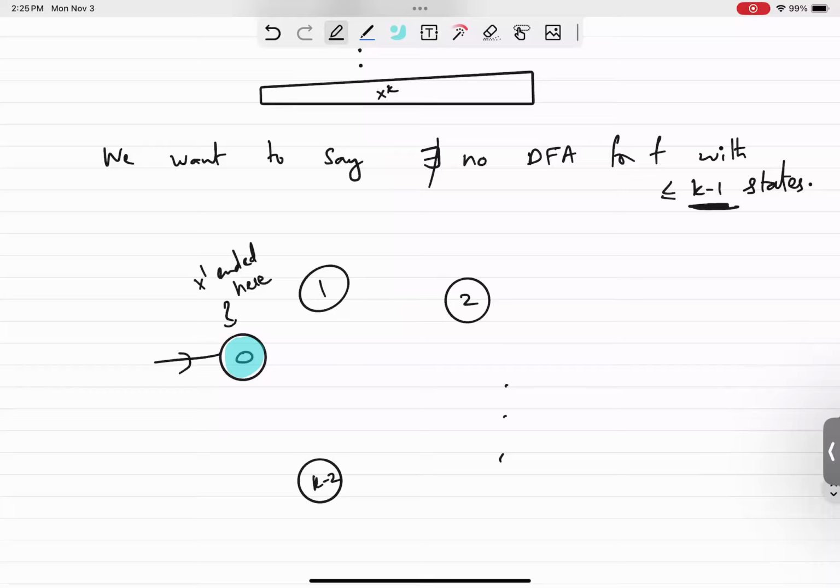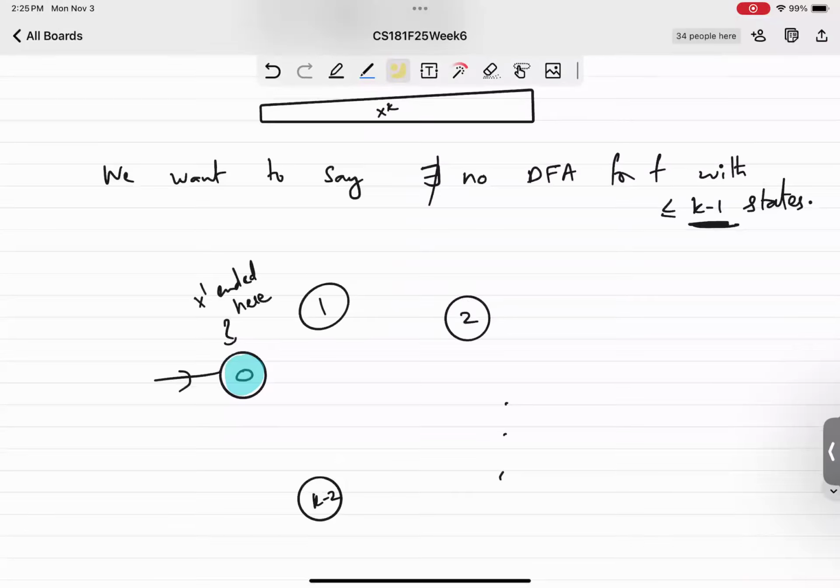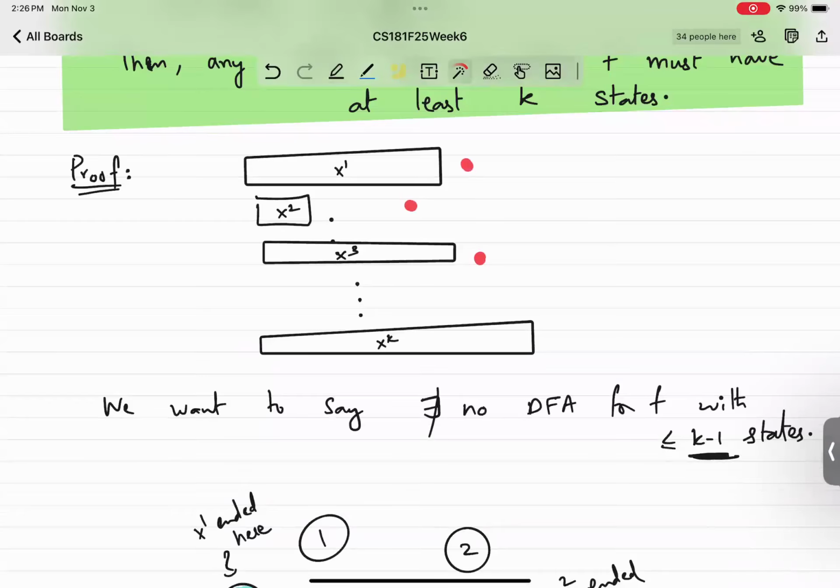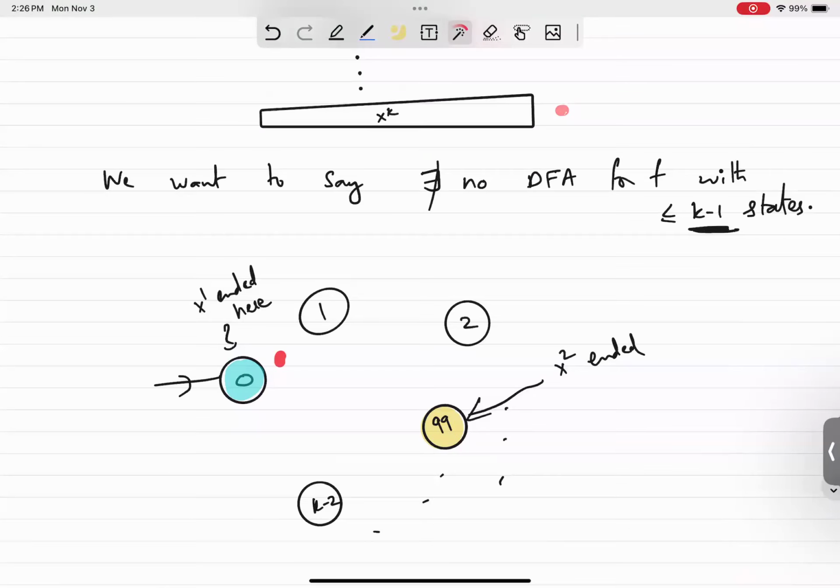I hopped around, I'm in state number 0. x2 does its own hopping around, and maybe it ended up somewhere here. This is where x2 ended. And so on and so forth, right? But now I have k of these strings and only k minus 1 possible endpoints, right? If I send 1,000 people to 999 states, then 2 people must go to the same state.